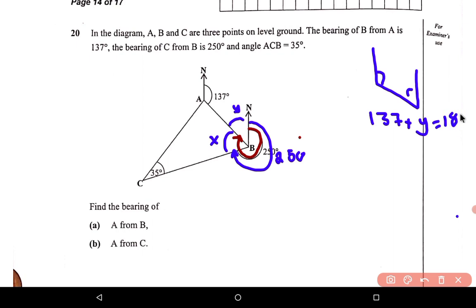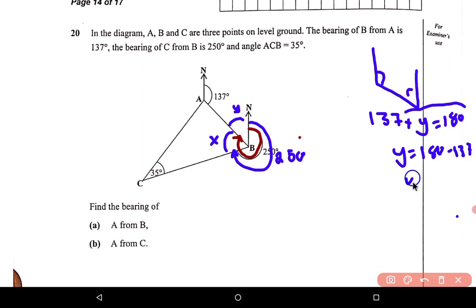These are corresponding angles, so they add up to 180. So to find y, we take 137 this side, and y is equal to 180 minus 137.